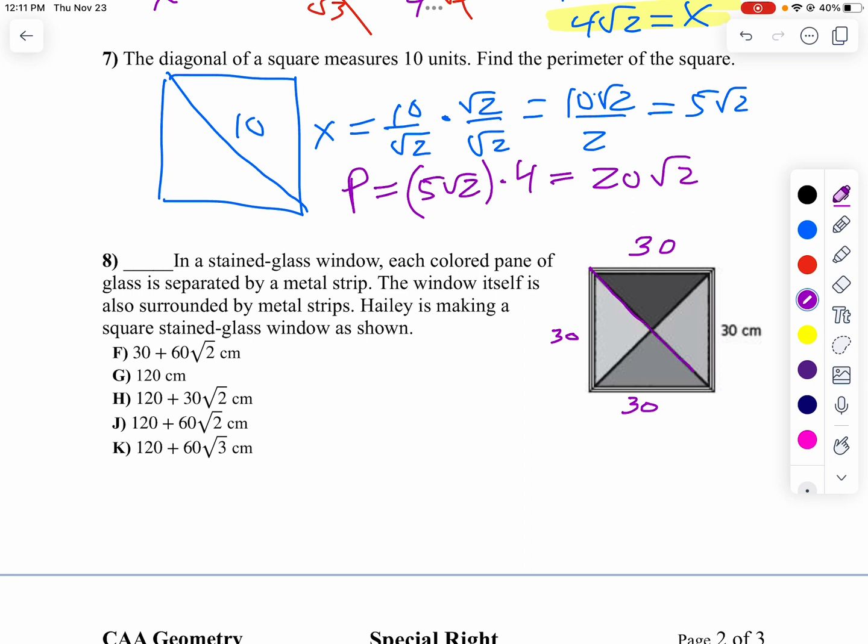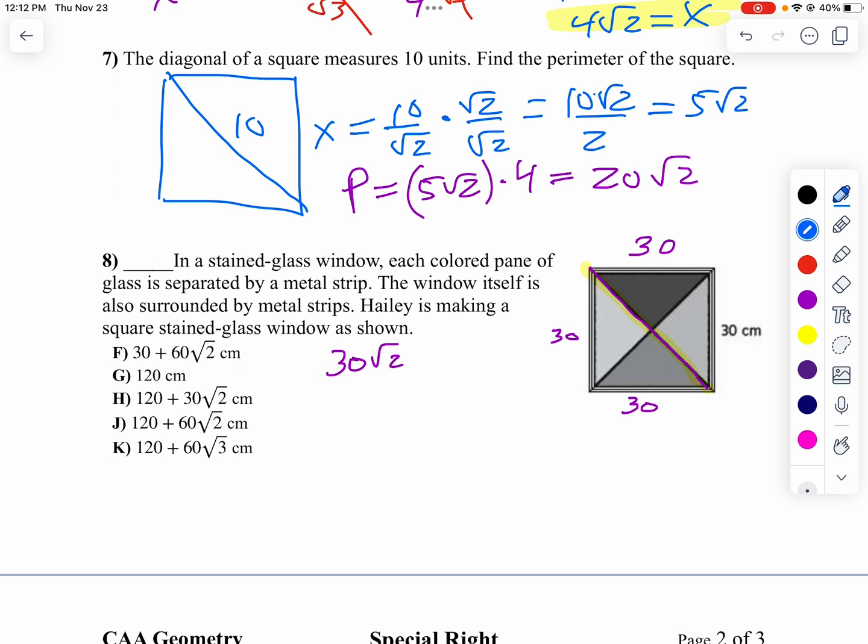And then, let me change color so it's easier to see. I want to find the length of my diagonal. Well, my diagonal is going to be my side times the square root of 2. And so notice what happens here.